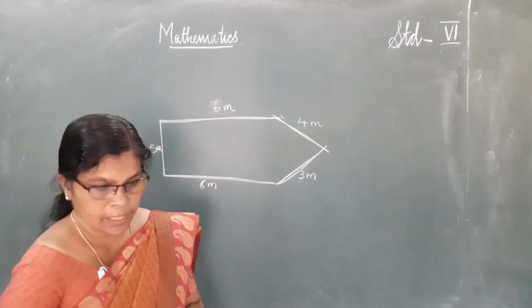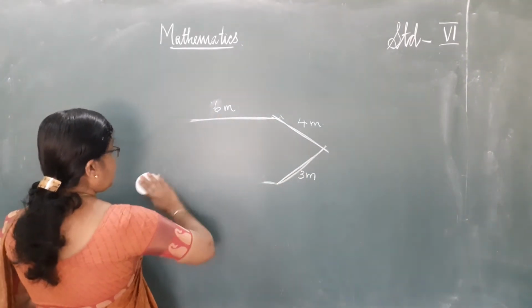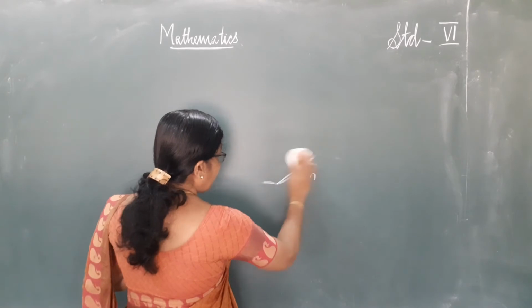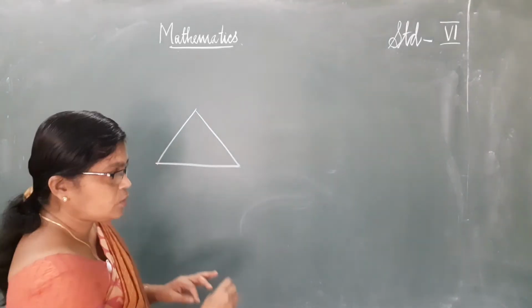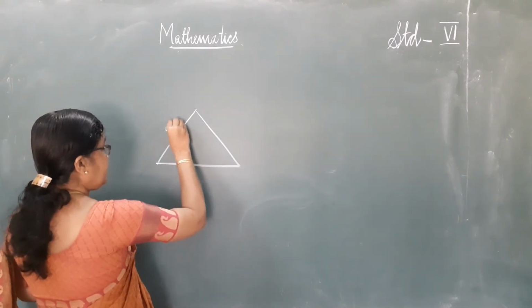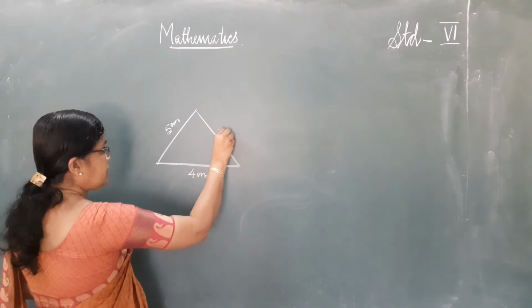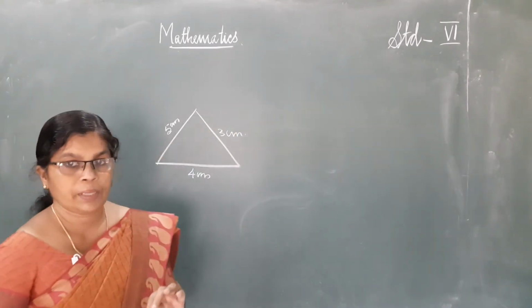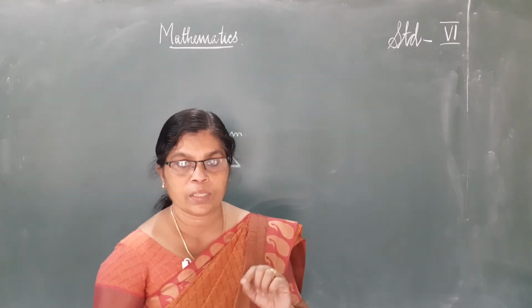Then, how can we find the perimeter of this figure? The figure is this. It is a triangle, right? So, this triangle has sides 5 centimeter, 4 centimeter and 3 centimeter. How will you find the perimeter? To find the perimeter, we have to add all the sides.